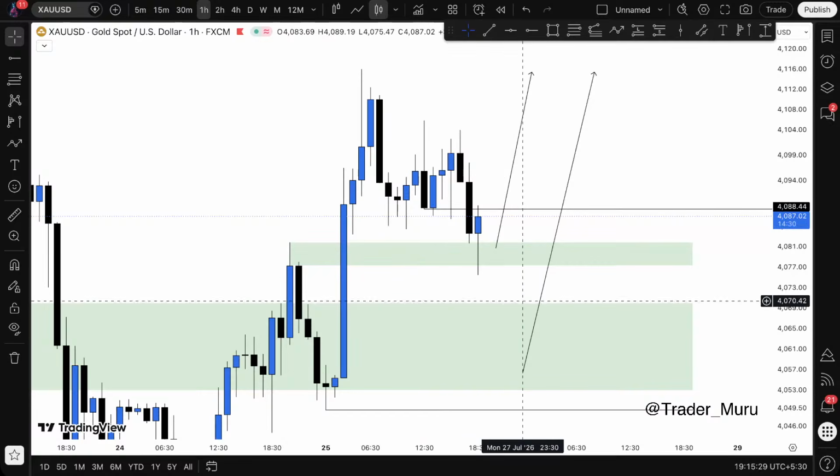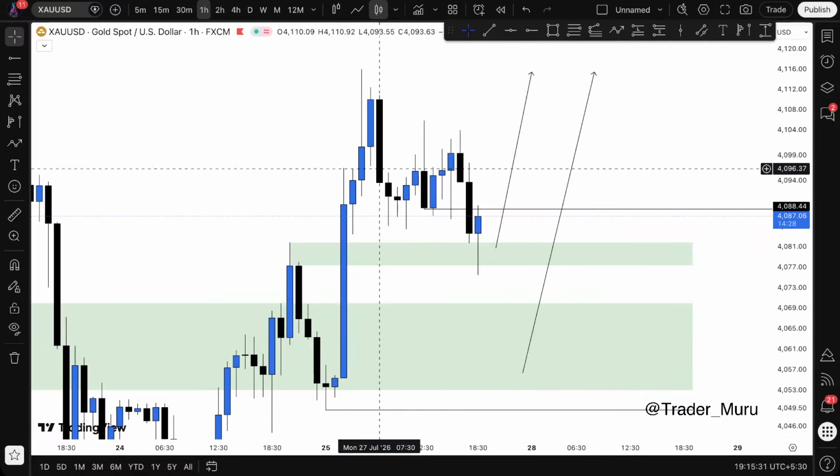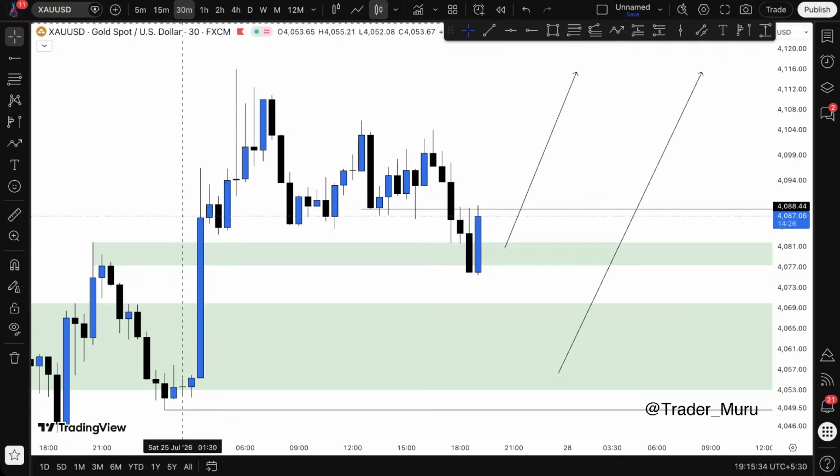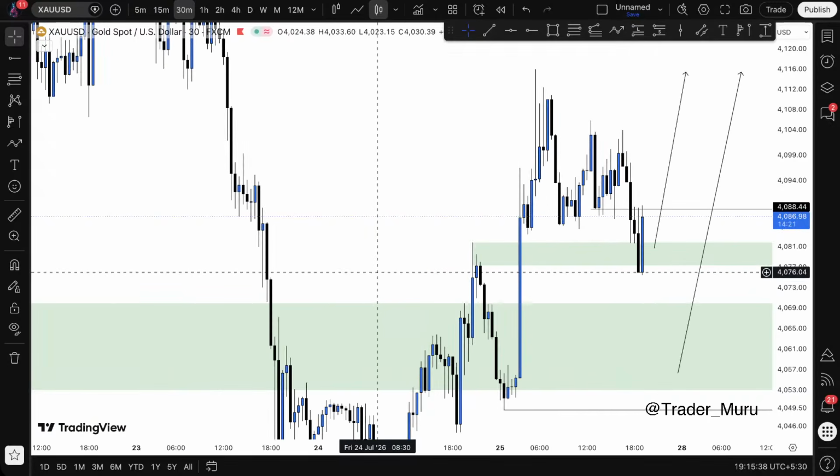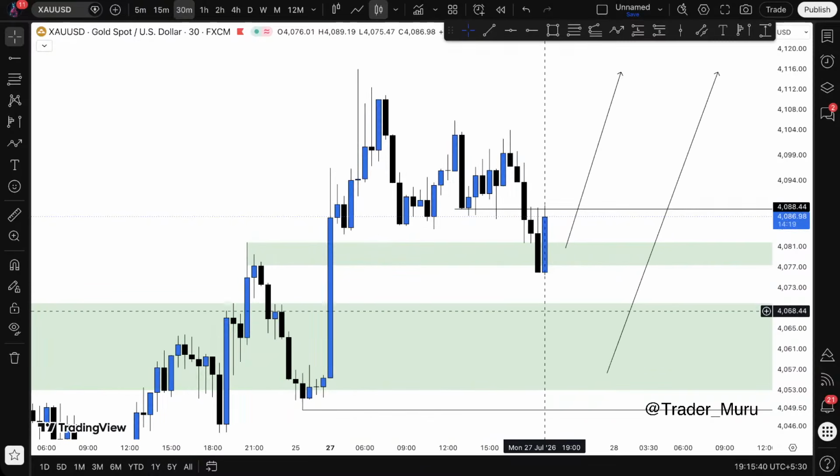Now we are watching for buy after this 1 hour closing. I told you it can sweep 75, so be careful. And from this area retest, I gave you the target of 75, 4075. Now watch for buy opportunity.